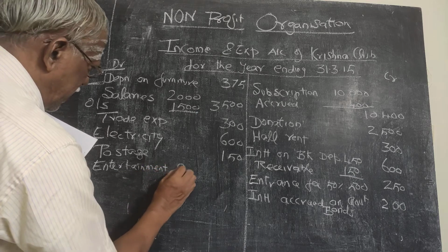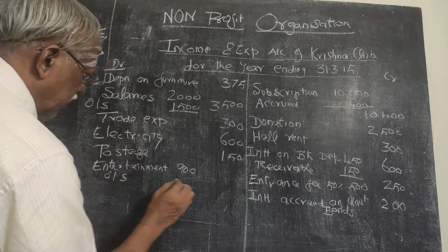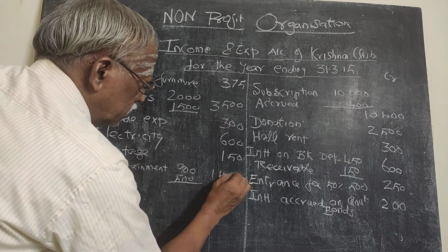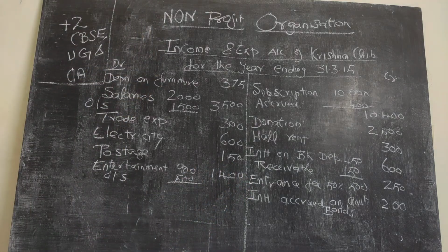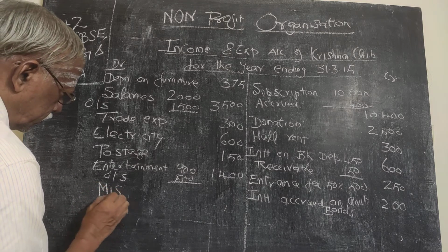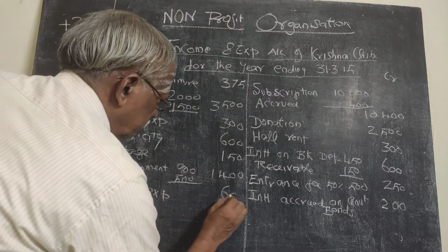Entertainment expenses paid 900 and outstanding is 500. So the total amount is 1,400. Miscellaneous expenses 600.